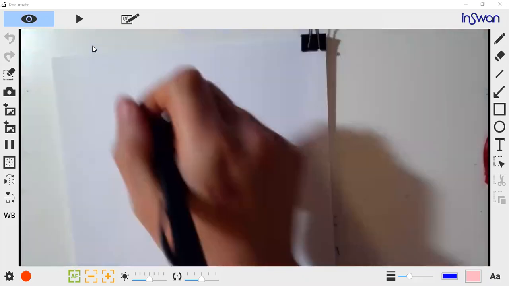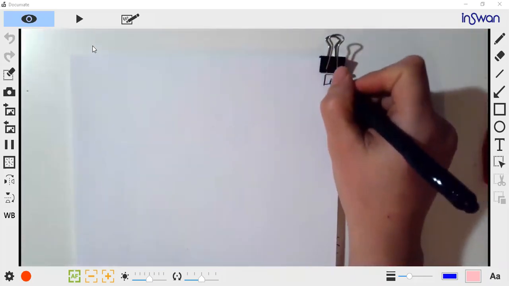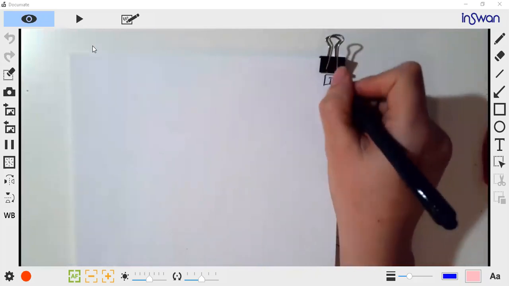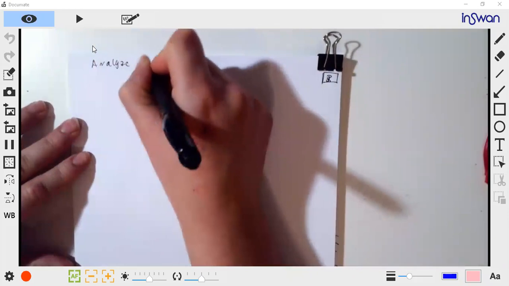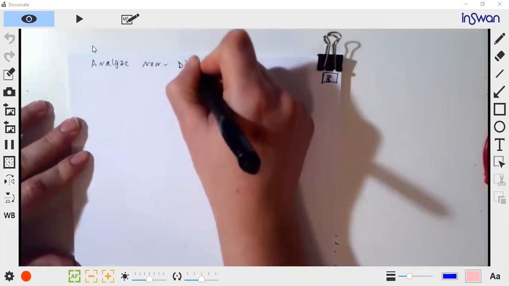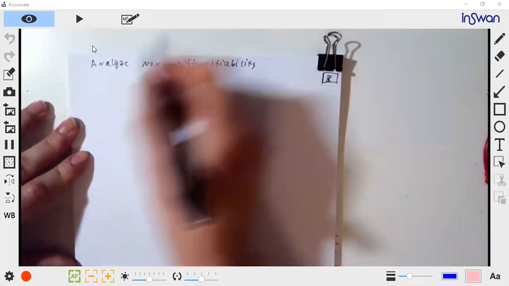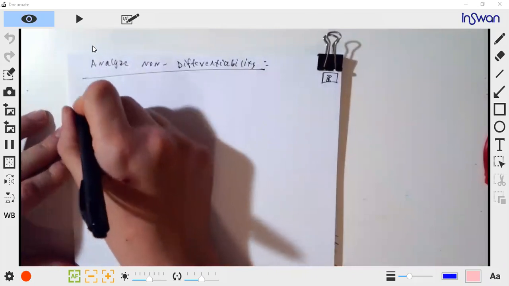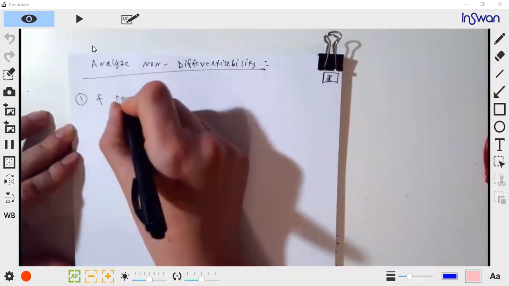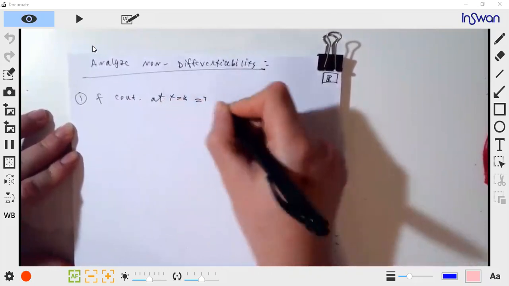So you need to be able to analyze non-differentiability. Here's the first case.